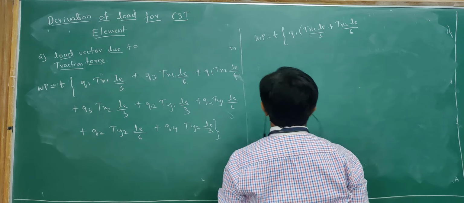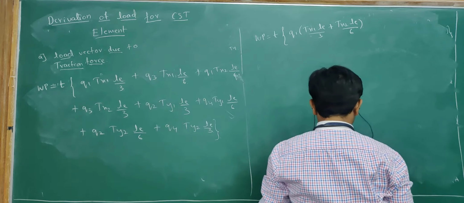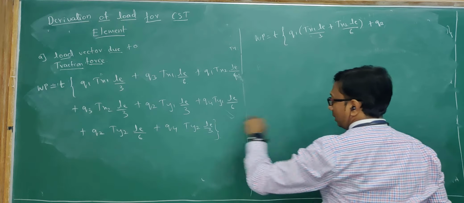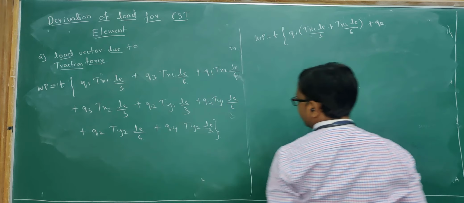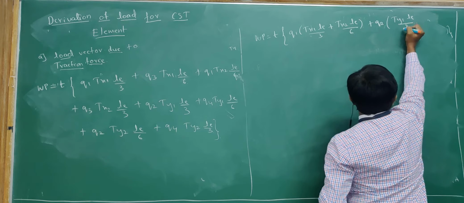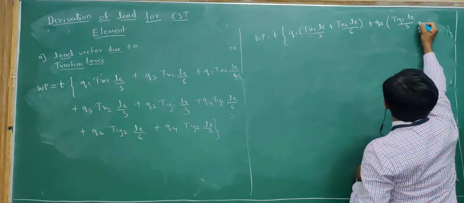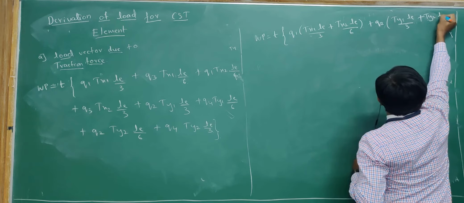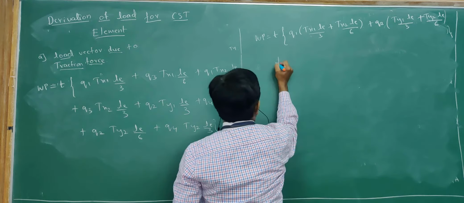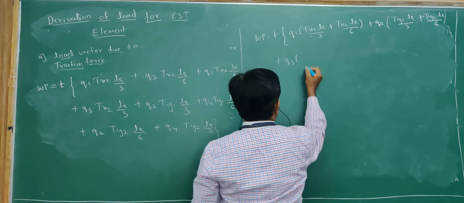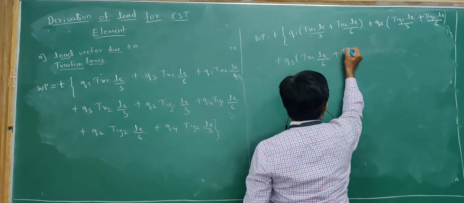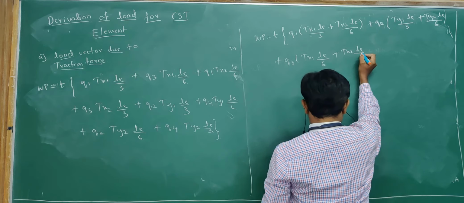Similarly, if I take Q2 common, Q2 is here as well as here, so once again you will be getting Ty1 le by 3 plus Ty2 le by 6. Similarly, if you do it for Q3, you will be getting Tx1 le by 6 plus Tx2 le by 3.